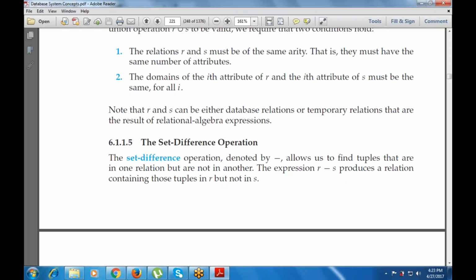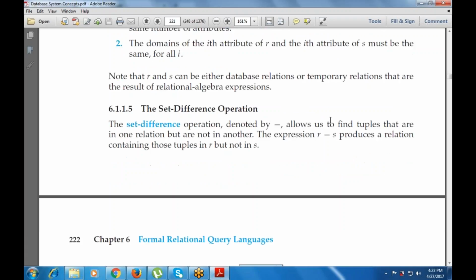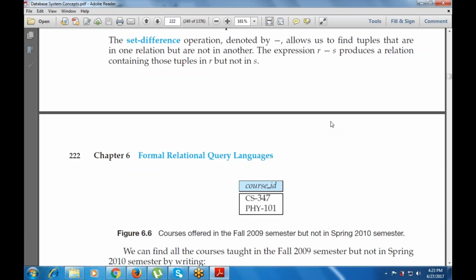The set difference operation denoted by the minus sign allows us to find the tuples that are in one relation but not in the other relation. And the expression R minus S produces a relation containing those tuples in R but not in S. So this is CS 347 PH510, the courses offered in the fall 2009 semester but not in the spring 2010 semester.